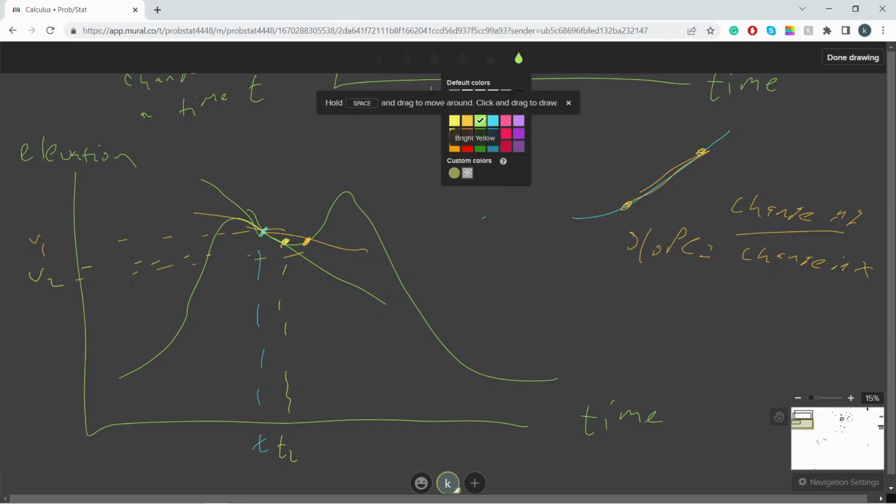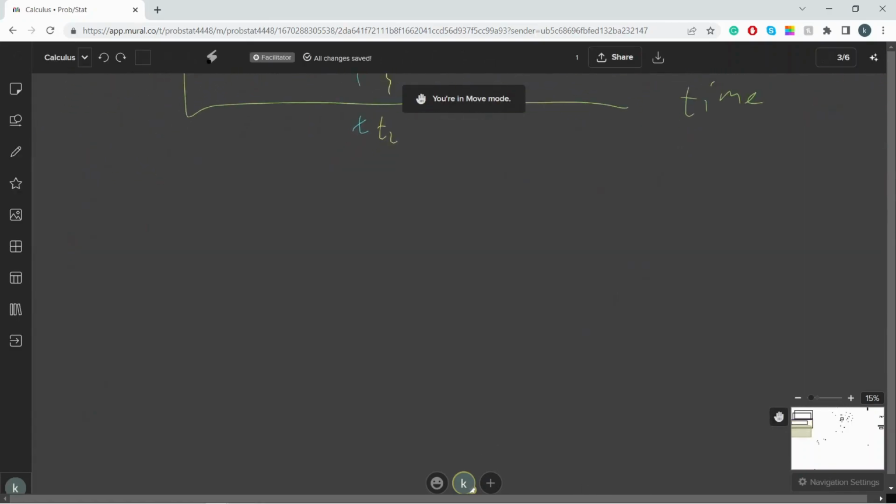And in fact, let's actually do that in a blown up version of this picture right here. So I'm going to move down here and have a more blown up drawing.